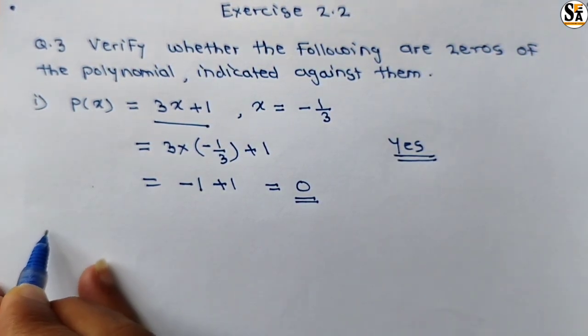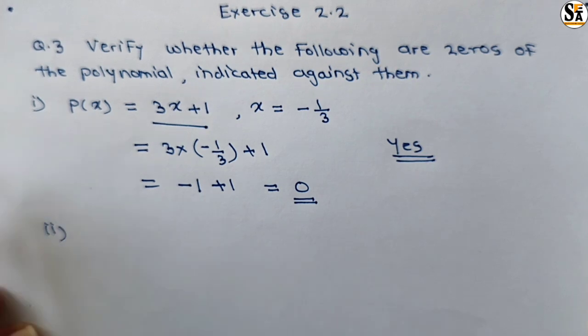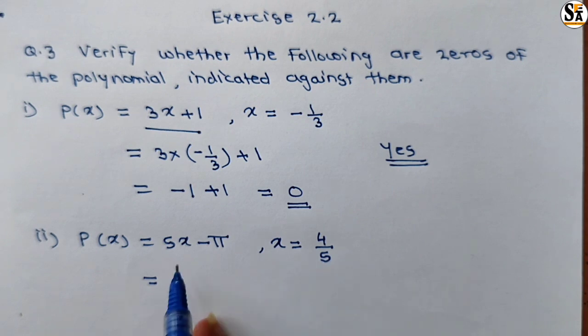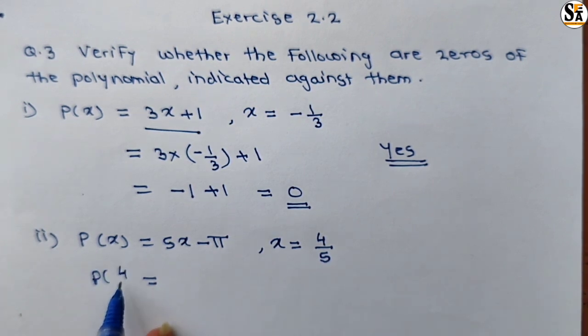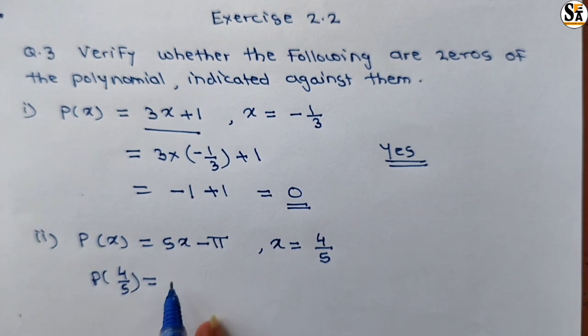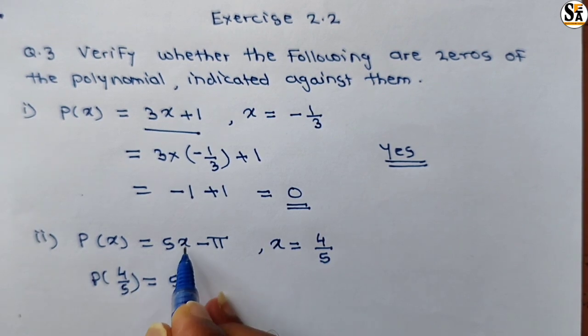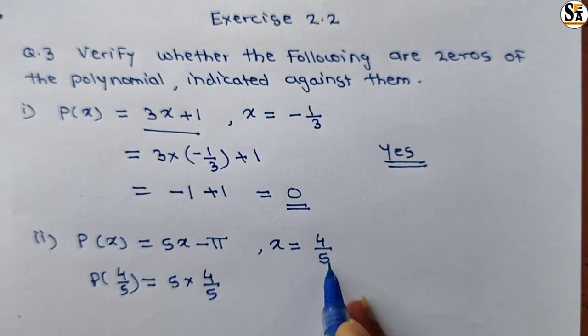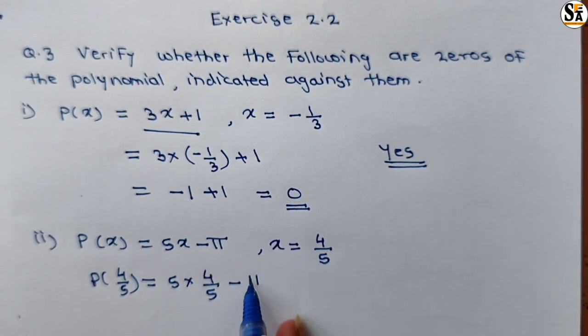Now see the second one. The second polynomial is given. In the second example, we have to decide the zero of the polynomial for x equal to 4 upon 5. Now just put the value of x as 4 upon 5 in this polynomial. We will get p of 4 upon 5 equal to 5 into 4 upon 5 minus pi.